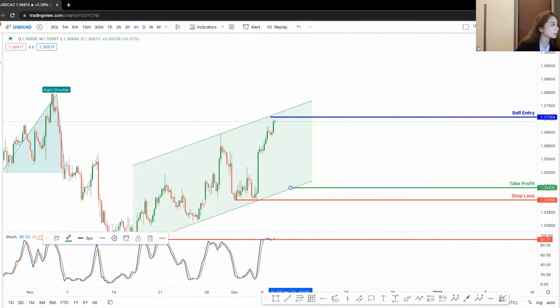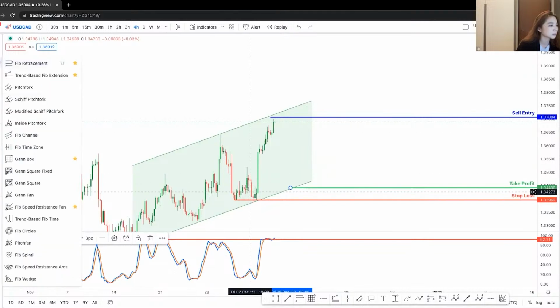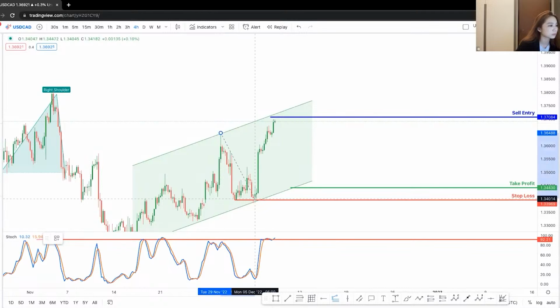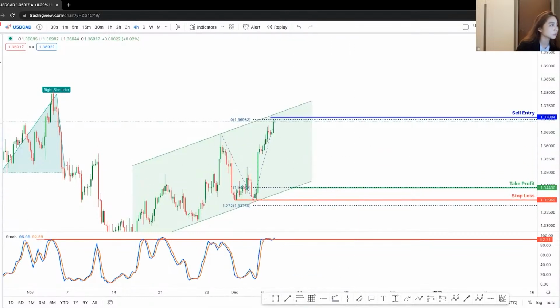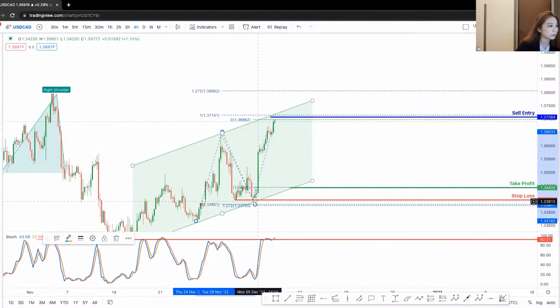All right, let's take a look. 100% for take profit, and we're looking at 127.2 for stop loss. Let's take a look right now for entry, 100% for entry as well.